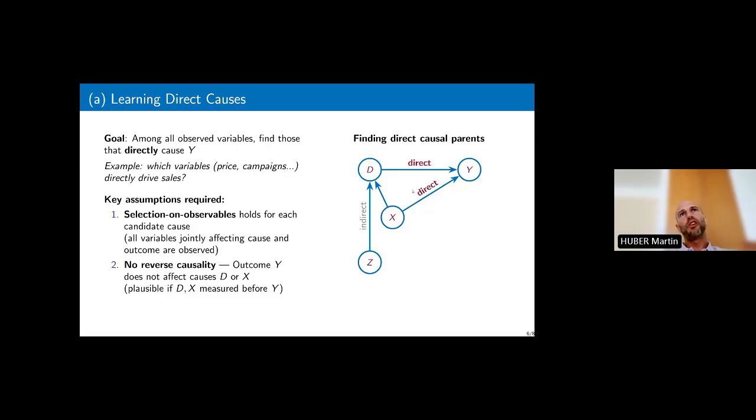And now under certain assumptions, namely, if we observe all the confounders that jointly affect our variables, which we want to assess in terms of their direct effects and the outcome of interest, then what we can do is run iteratively some kind of analysis of the direct effects of the different candidate variables that we have to find all the variables that have really a direct effect on the sales outcome of interest, right?